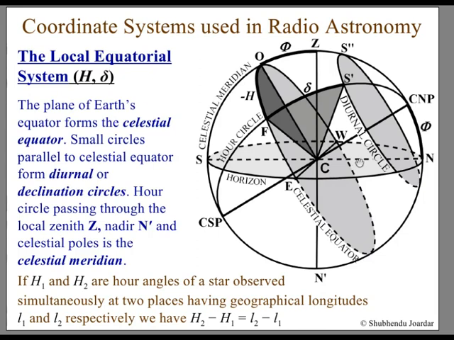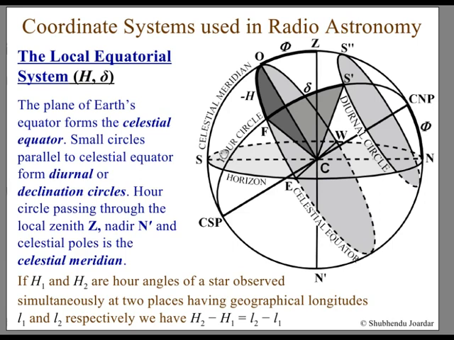Now this diagram looks a bit complicated, but I will try to simplify it. You are not exactly on the North Pole. Our position may be somewhere on the equator or some other place. So we will have a local plane.